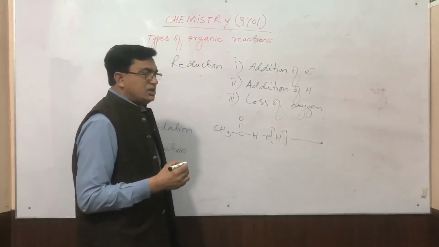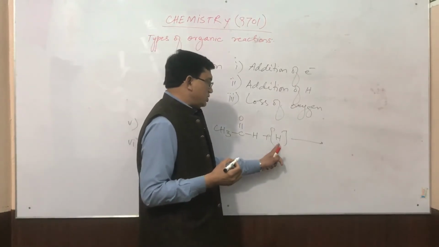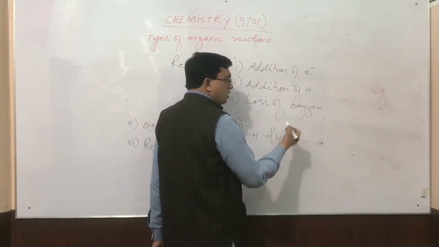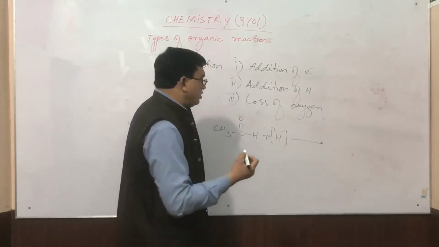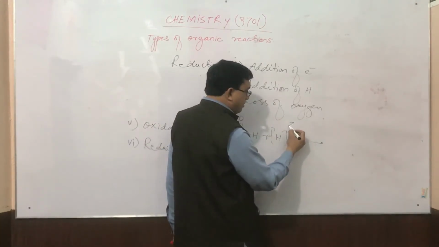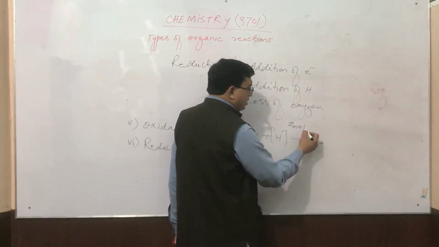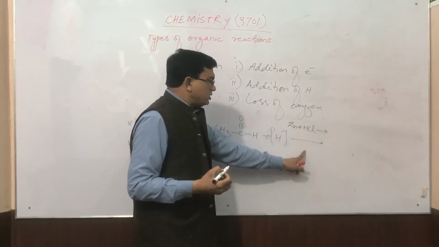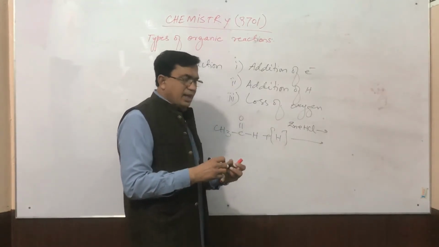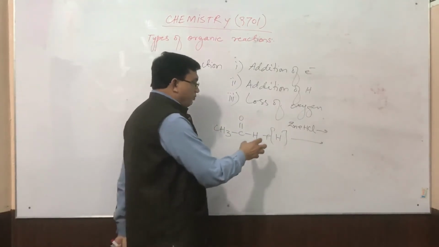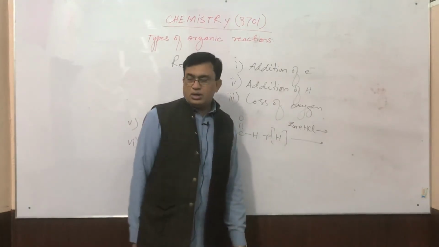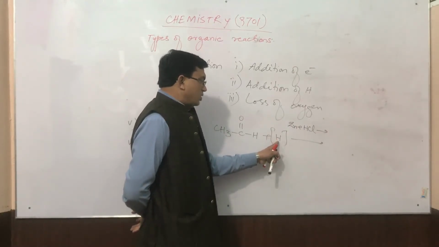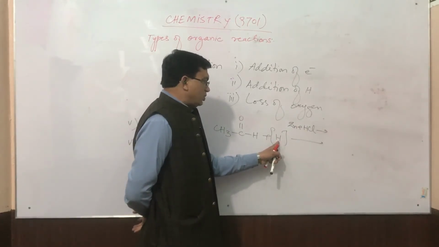Now, this nascent hydrogen or atomic hydrogen is produced in a reaction mixture using different types of reducing agents. For example, this hydrogen can be generated by reacting zinc with hydrochloric acid. When hydrogen is produced, it is present in the atomic form, which is much more reactive than molecular hydrogen.